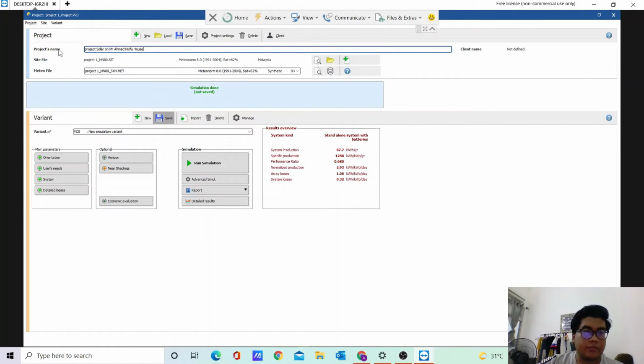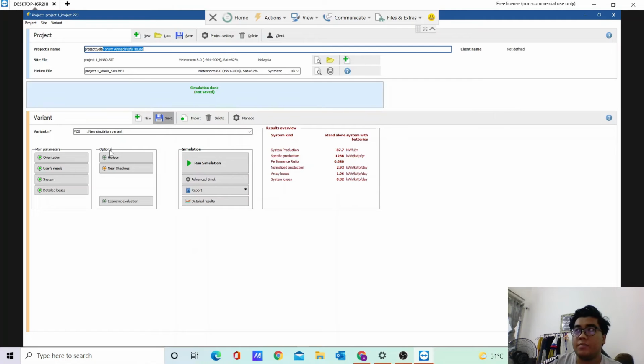To use this, first we need to name the project. As we can see, the name of the project is Project Solar on Mr. Ahmad Nisfu's House. After that we need to find a site file that I found on Google Earth, and then the meteo file, and after we put these in, we can do the variant.